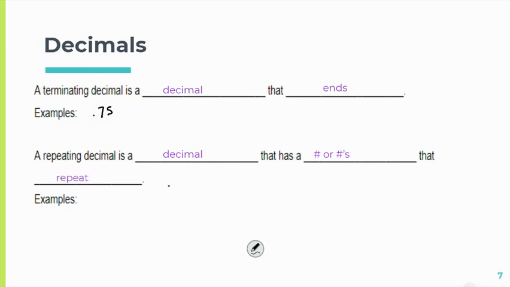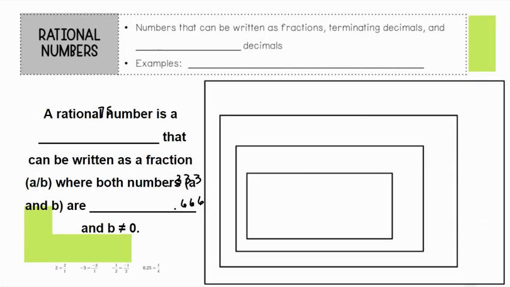So we might have 0.3333, which is 1/3, or 0.66666. We have some fractions that just continually repeat their pattern. Okay, so more stuff about rational numbers.